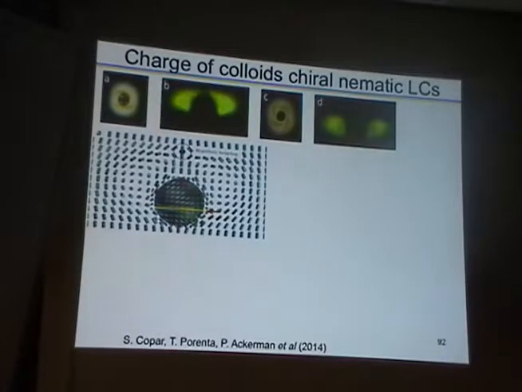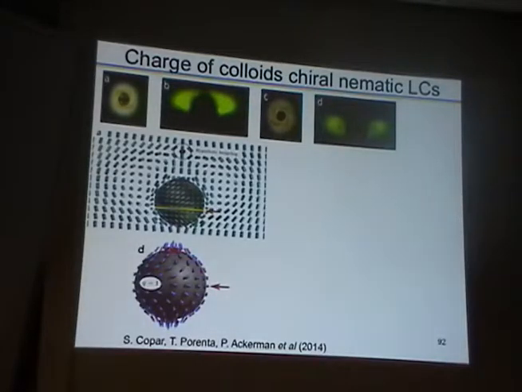Together with collaborators from Ljubljana in Slovenia, we were able not only to reconstruct director fields but also to analyze the structures in all of those possible cases.